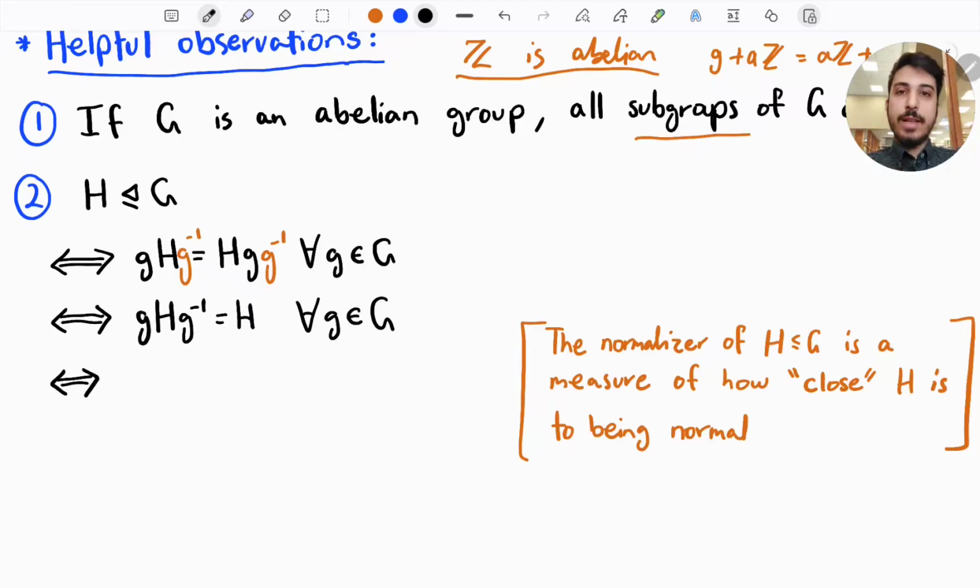Now, if you've seen the lesson about normalizer, centralizer, and center that I've put on the playlist, you would recognize this definition immediately. This is the definition of a normalizer.